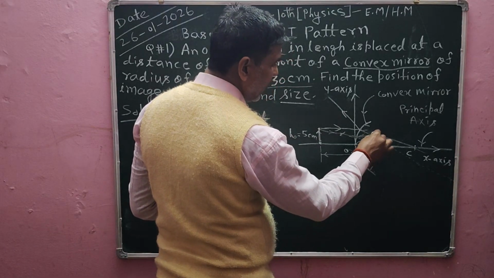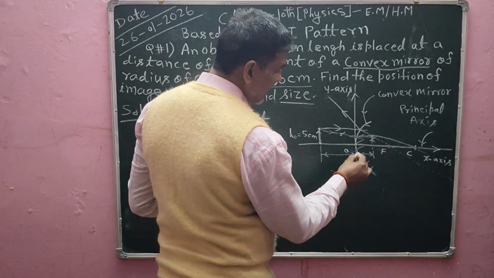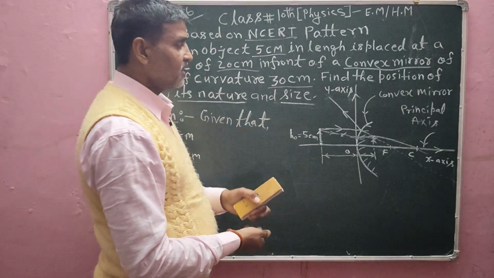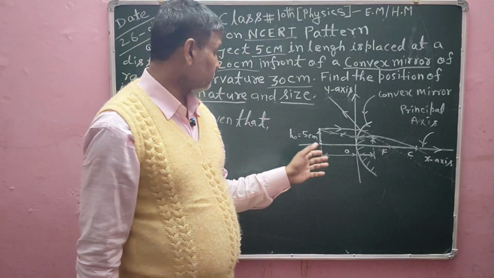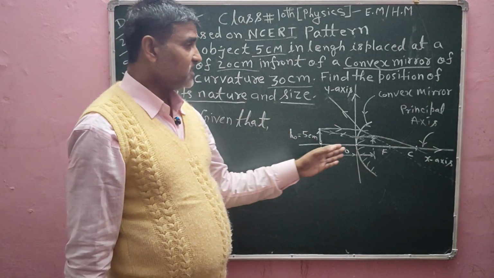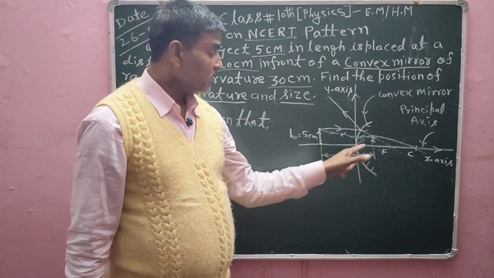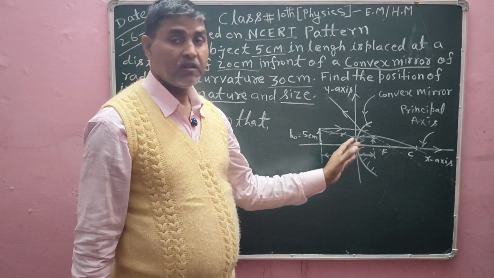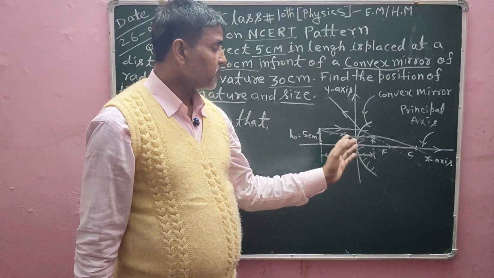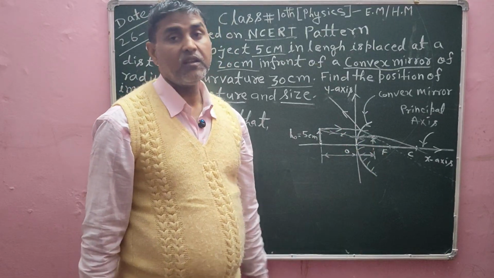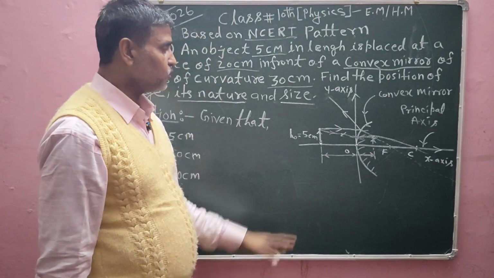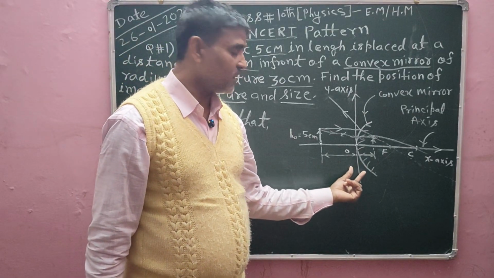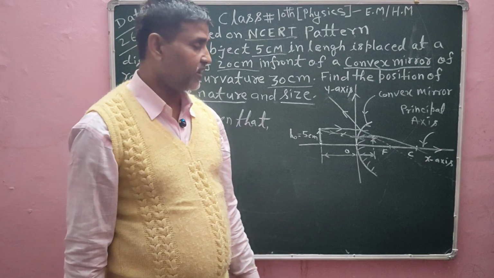So this height of the image I have to calculate, and this length of the image I have to calculate, and then I will tell its nature, because its nature will be virtual, as the image is formed behind the mirror. So all the information according to the diagram I have to elaborate in detail.